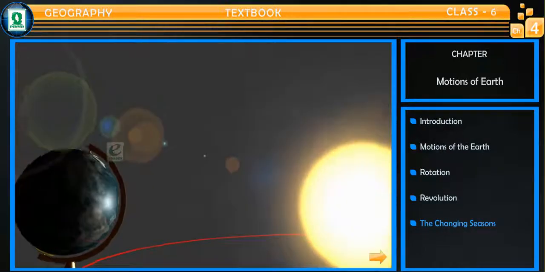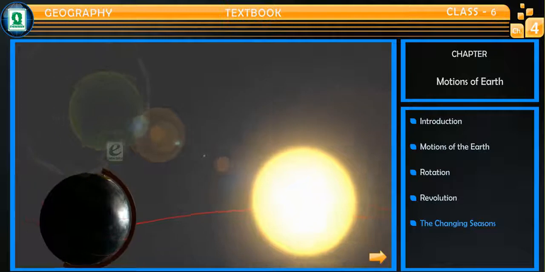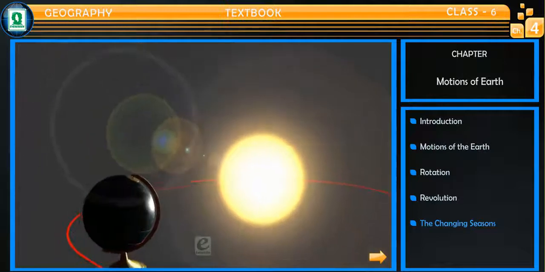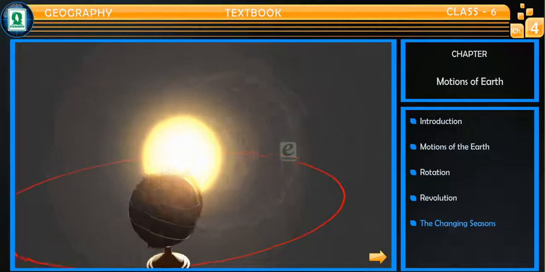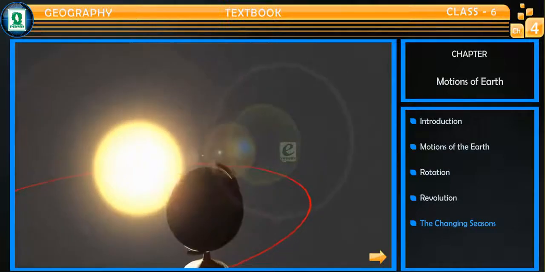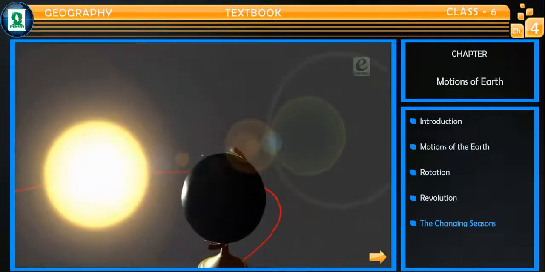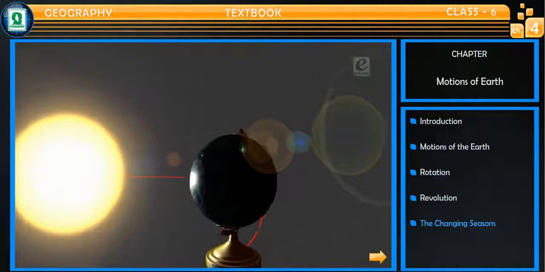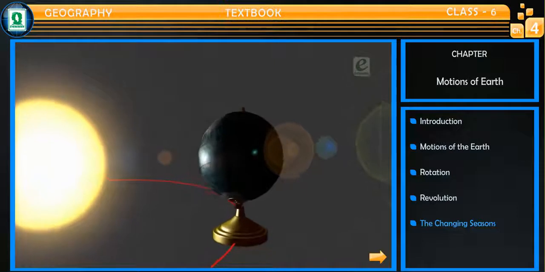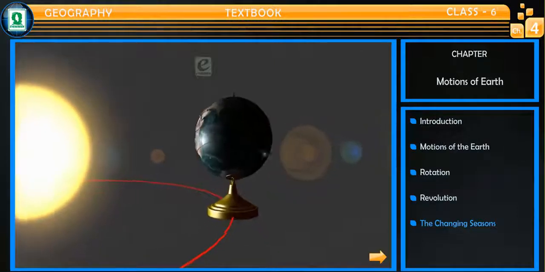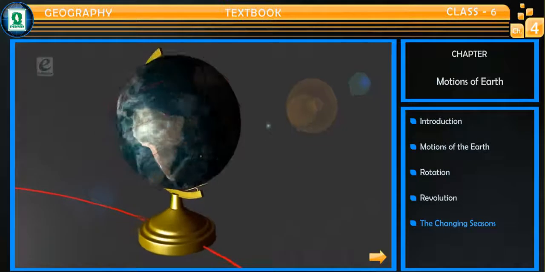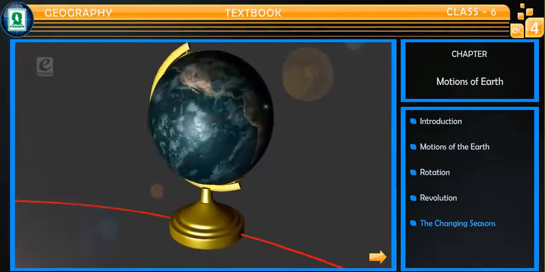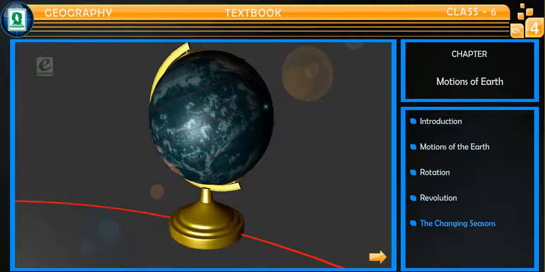The Earth continues revolving and the amount of heat varies day by day according to its position. On September 23rd, it again comes to a position when both the North Pole and the South Pole are neither inclined towards the sun nor away from it. The overhead sun is at the equator, so both hemispheres receive equal amount of light and heat.